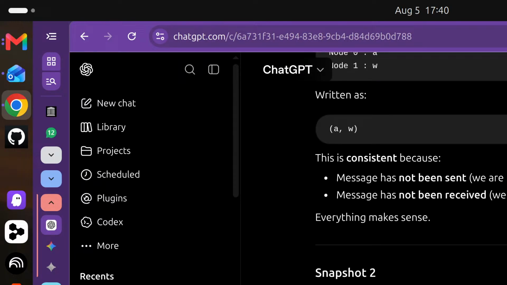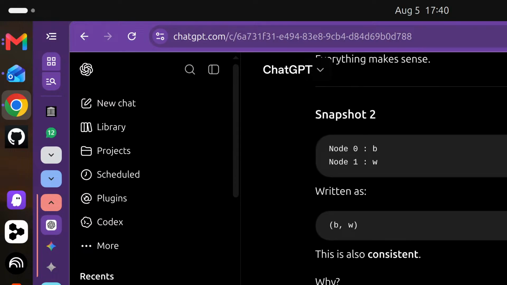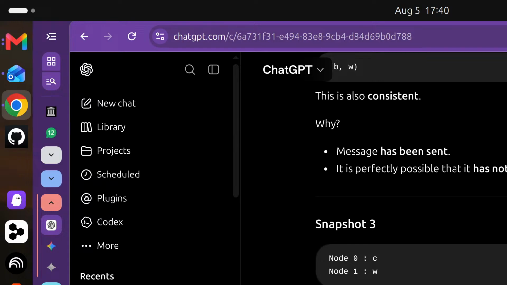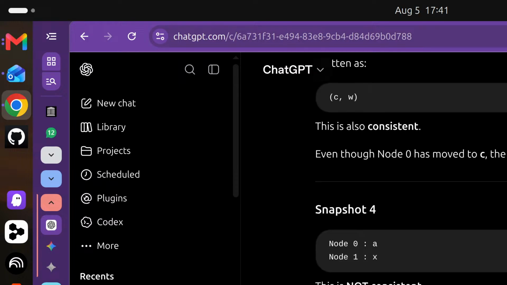Snapshot 2 is BW. This is also consistent: the message has been sent, and it is perfectly possible that X has not received it yet. Snapshot 3 is CW. This is consistent even though node 0 moved to C, because the message may still be traveling.